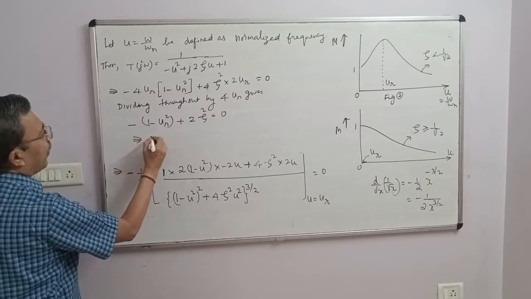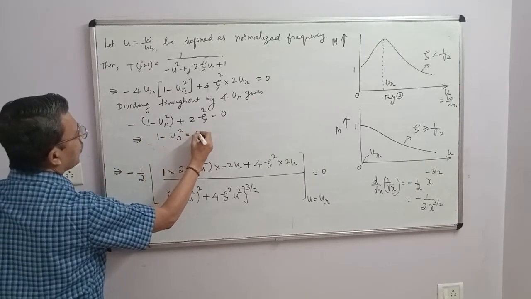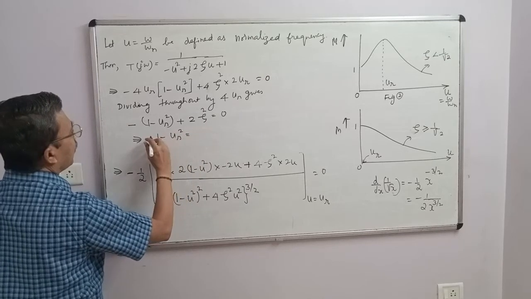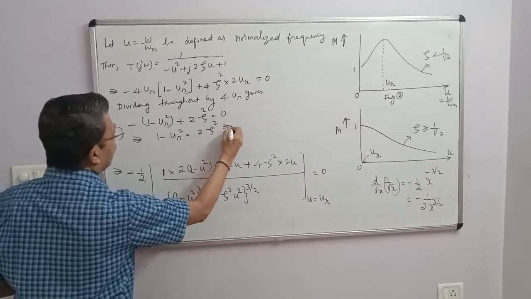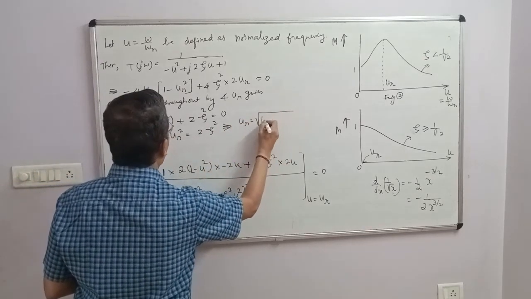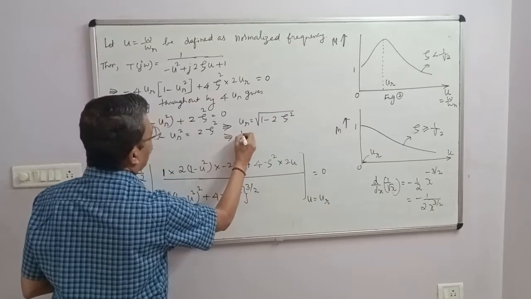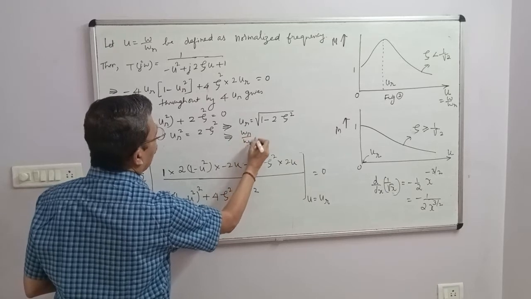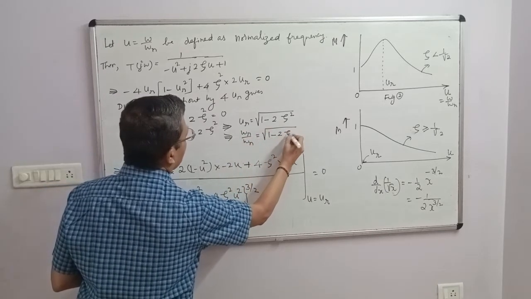This implies 1 minus UR square is equal to 2 times zeta square. This implies UR is equal to square root of 1 minus 2 times zeta square. What is UR? UR is omega R by omega n is equal to square root of 1 minus 2 zeta square.